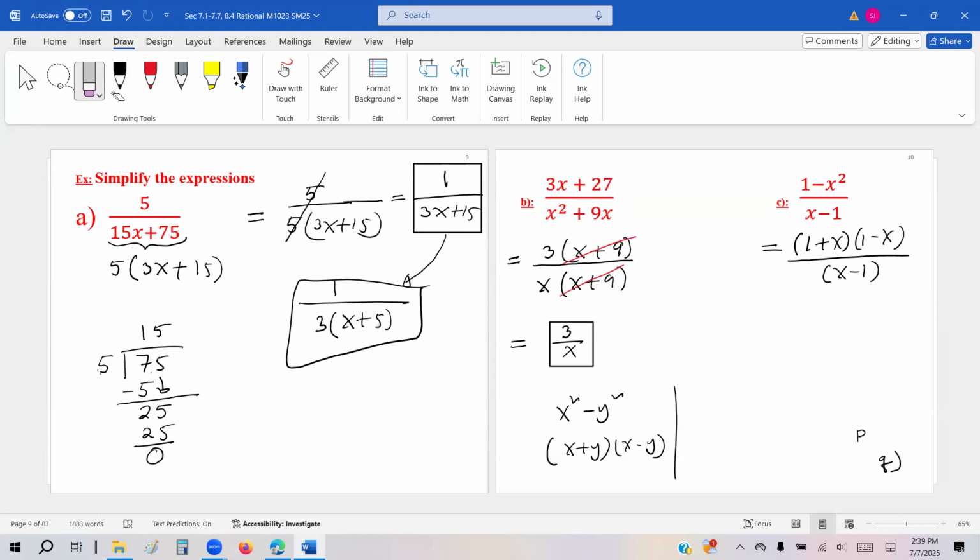Now I need space, so let me erase all of these. And now what do you observe? We have 1 plus x, 1 minus x, and you're dividing by x minus 1. Can we cancel anything? Looks like we cannot, right? Because definitely x minus 1 is not same as 1 minus x.